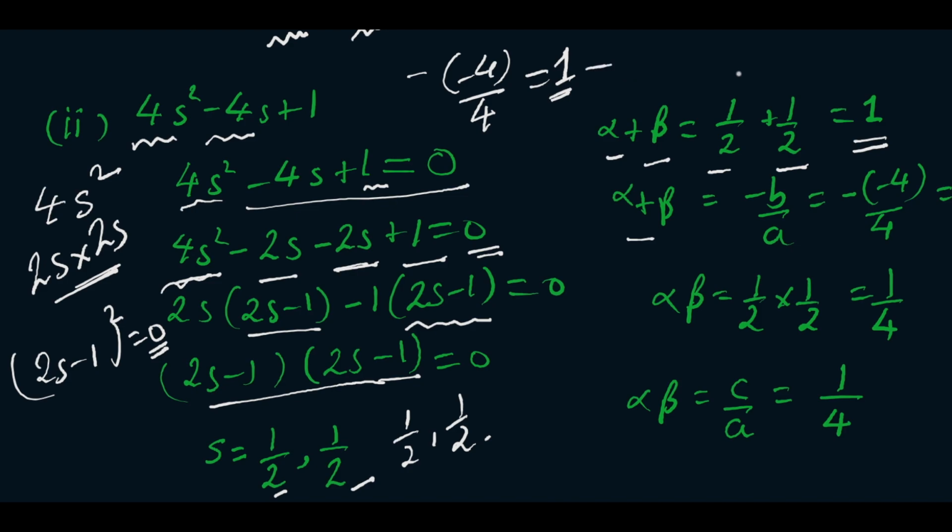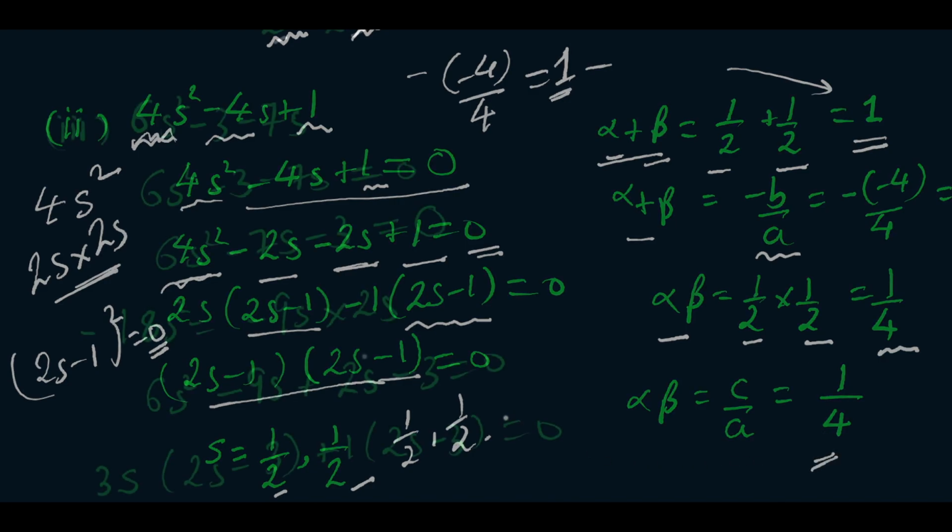So this one is equal to this one. So our alpha plus beta is nothing but minus b by a. Now alpha times beta is 1 by 2 multiplied by 1 by 2, which is 1 by 4, and which is equal to c by a. Here our c is 1, a is 4. So c by a is 1 by 4.